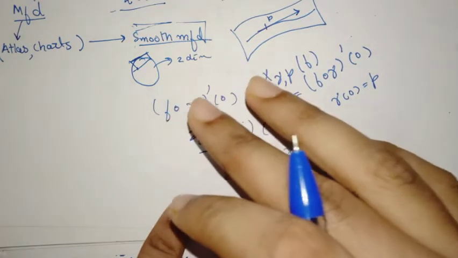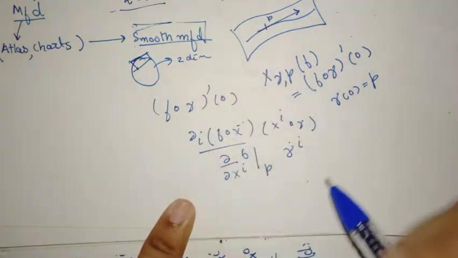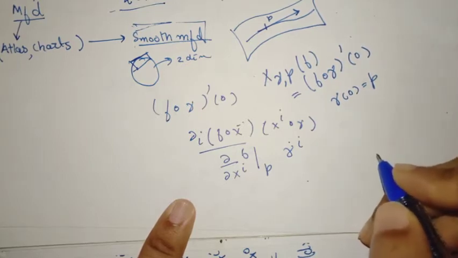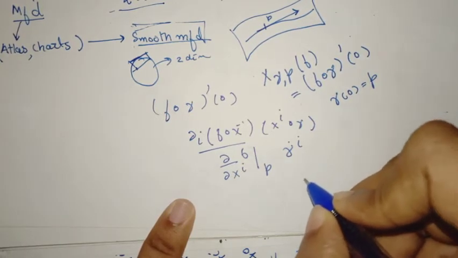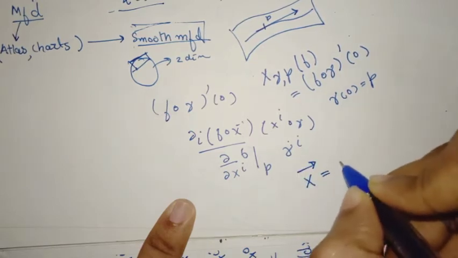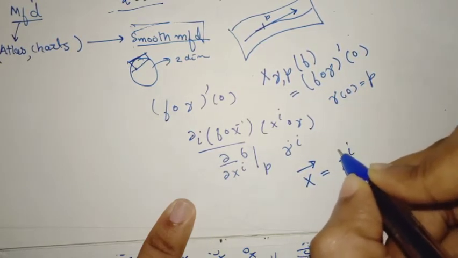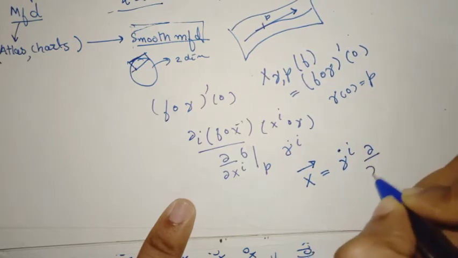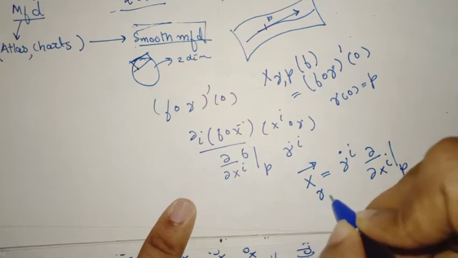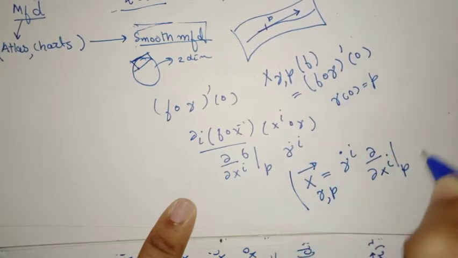The fact is that the directional derivative to a curve at a point on the manifold is just of this form.